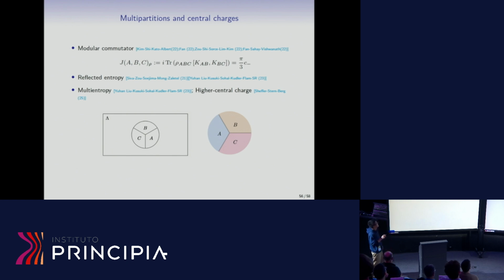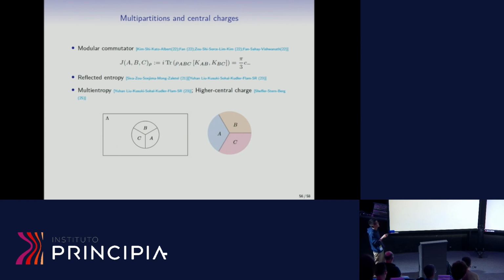So, for example, there's something called the modular commutator. First of all, they consider this region ABC, but unlike my setup here, this region is a part of the system, part of, let's say, the 2D plane. So in some sense, it's like a tetrapartition.